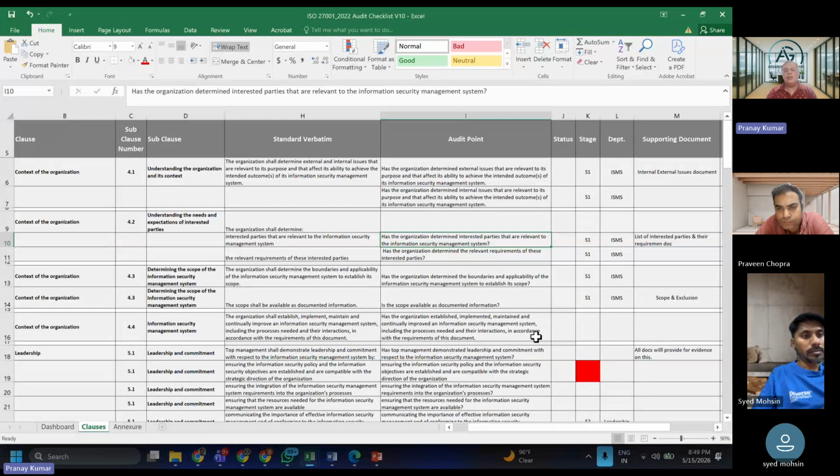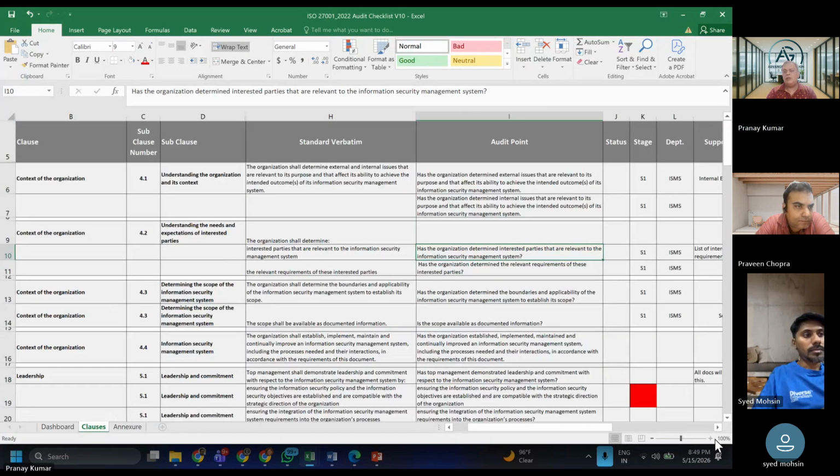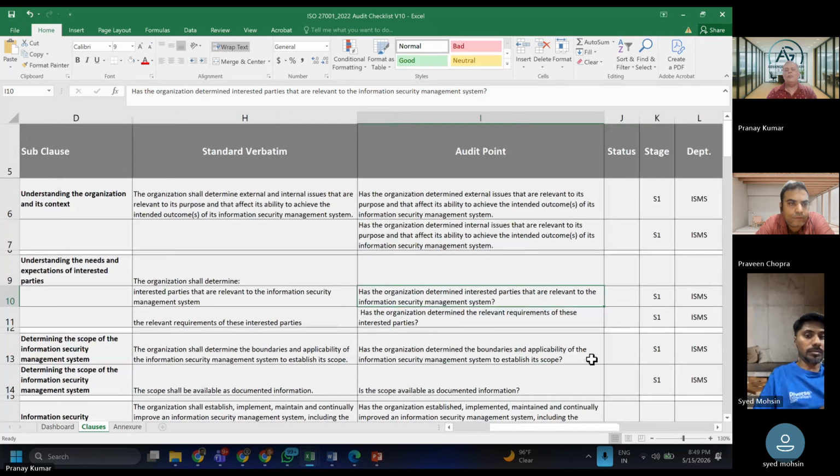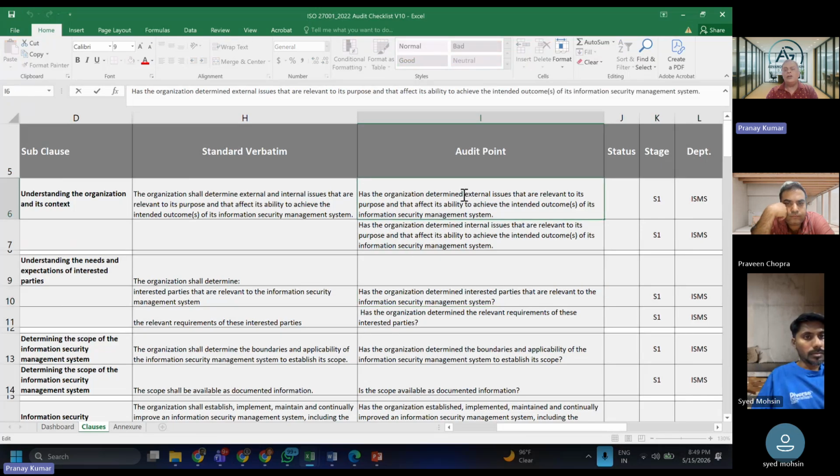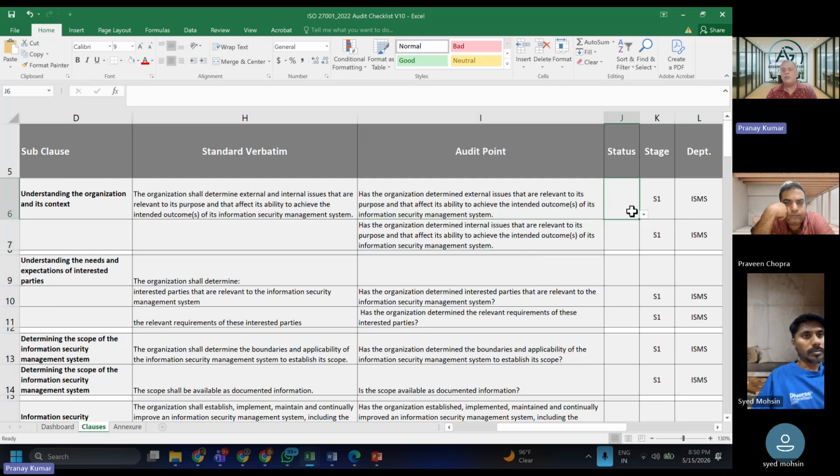So ideally, organizations like us will have a checklist. You can see this list. For example, clause number 4.1 demands the organization to have a list of internal, external issues. So we will go into the organization and ask for the list of internal issues, a list of external issues. Mil gaya, so please mark that as conforming.